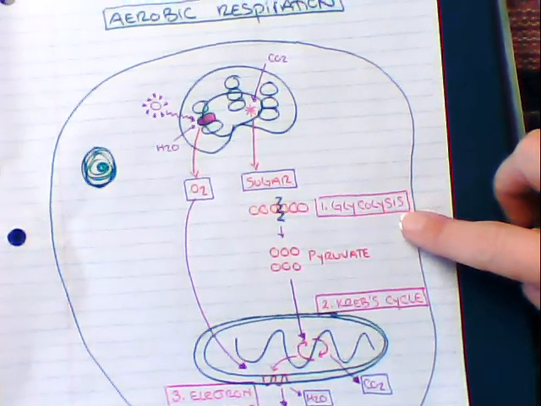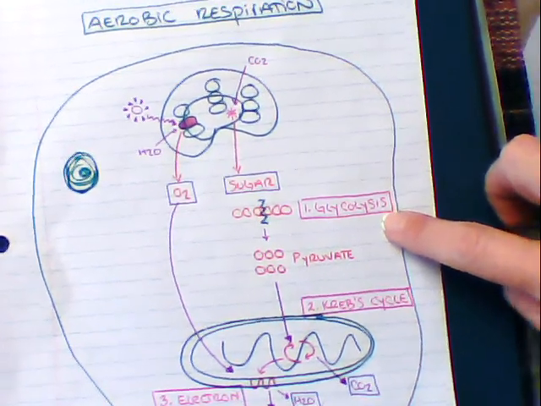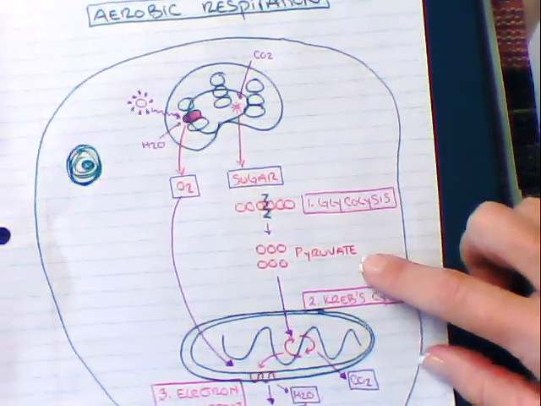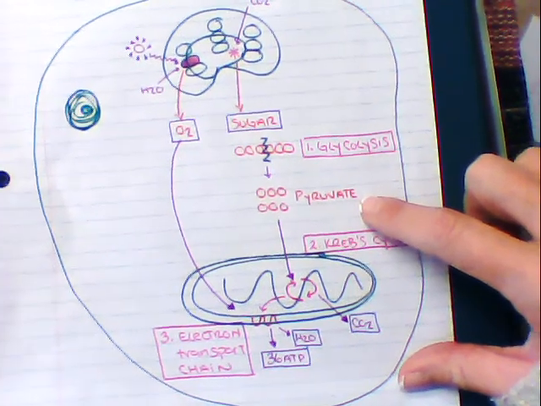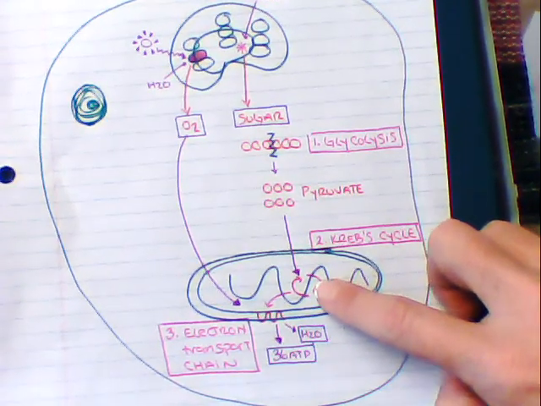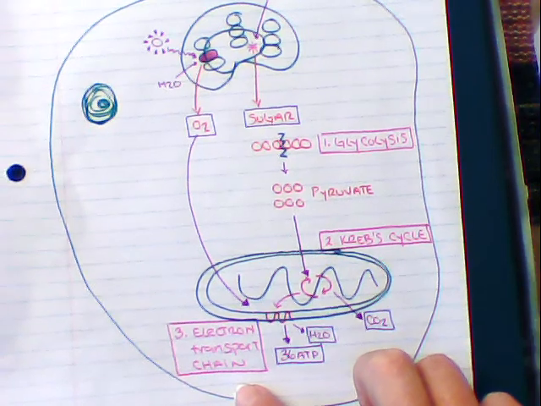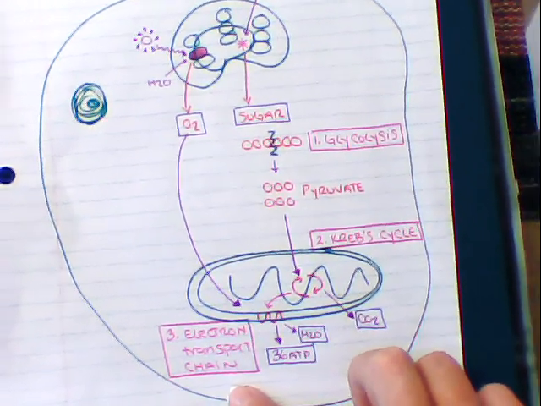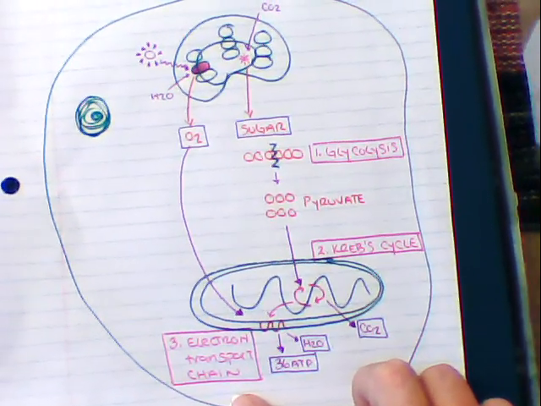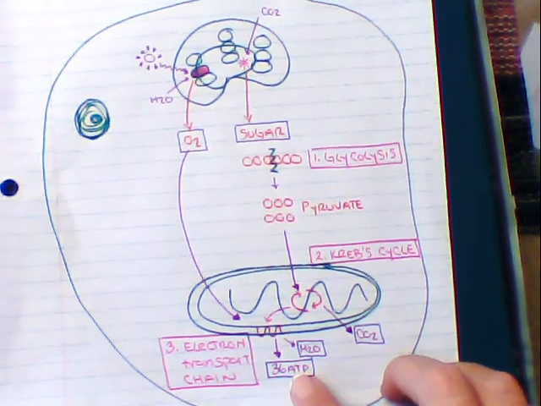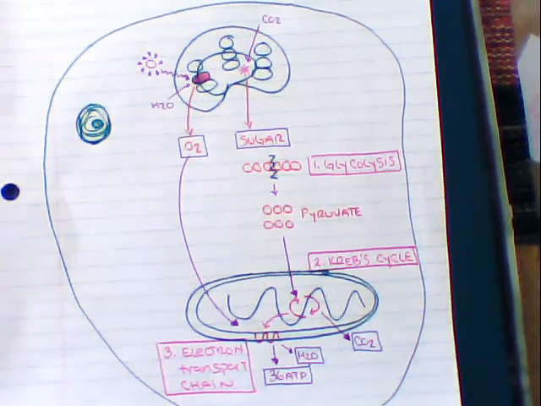We ripped it apart with the process of glycolysis, we shipped that pyruvate into the Krebs cycle. Krebs cycle rips apart, and then we just had our last lecture on the electron transport chain. Now, our final products of aerobic respiration are 36 ATP, water, and CO2.